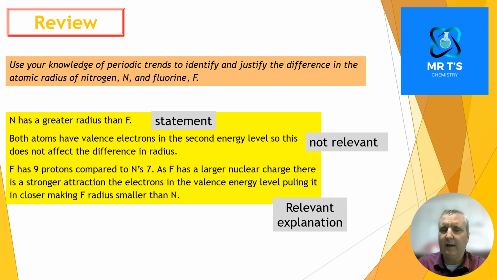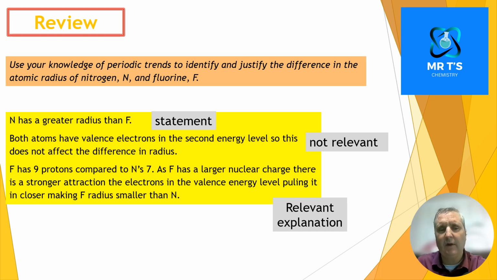As fluorine has a larger nuclear charge, there is a stronger attraction to the electrons in the valence level, pulling everything closer and making fluorine have a smaller radius than nitrogen. And that's our relevant explanation, but here is our full explanation with a statement, the part that's not relevant but important, and the part that's relevant.